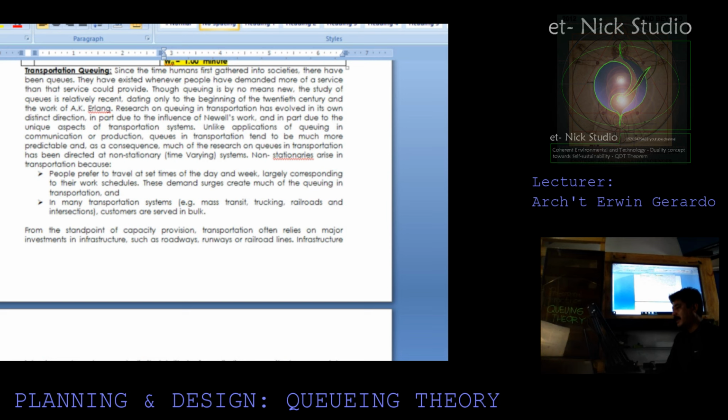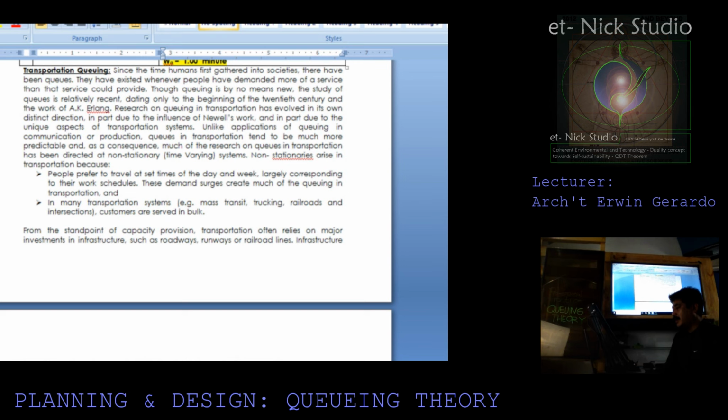Unlike applications of queuing in communication or production, queues in transportation tend to be much more predictable, and as a consequence, much of the research on queues in transportation has been directed at non-stationary, time-varying systems. Non-stationarities arise in transportation because people prefer to travel at set times of the day and week, largely corresponding to their work schedules.